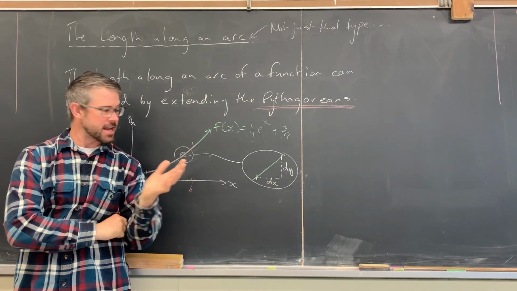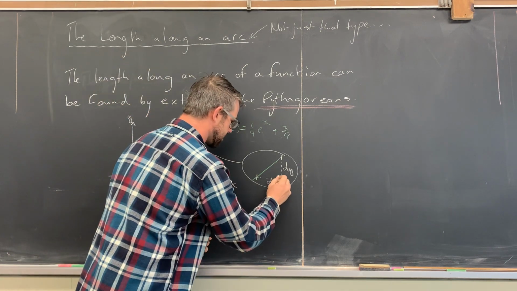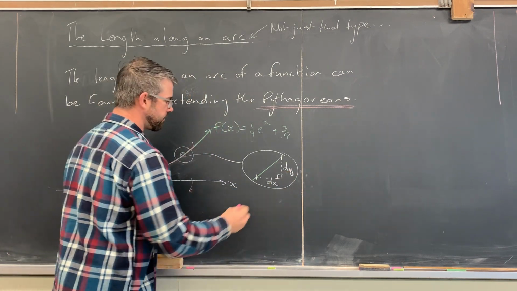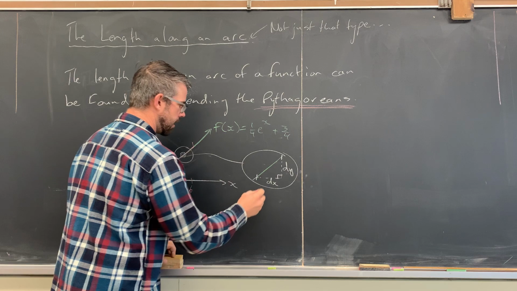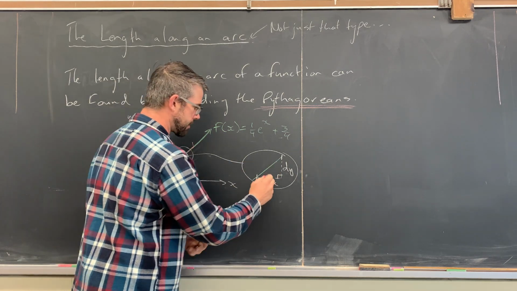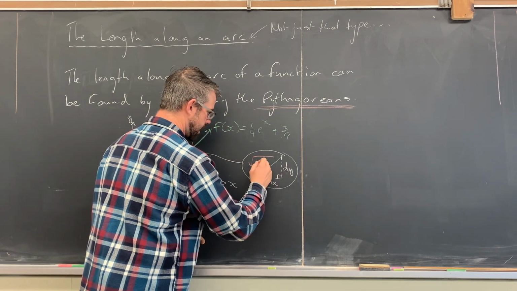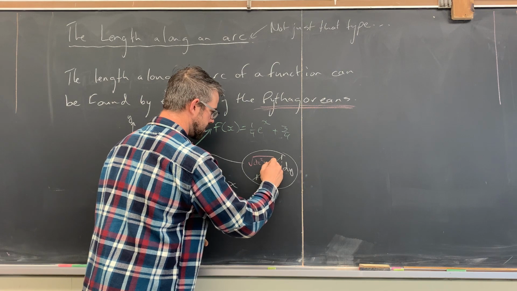Well, I think because I have a right triangle, because x and y are orthogonal to each other, a great basis for my plane, I can find this side length right here. Now, this isn't my full side length, but it's a portion of my side length. We know from the Pythagorean theorem that this is going to be the square root of dx squared plus dy squared.